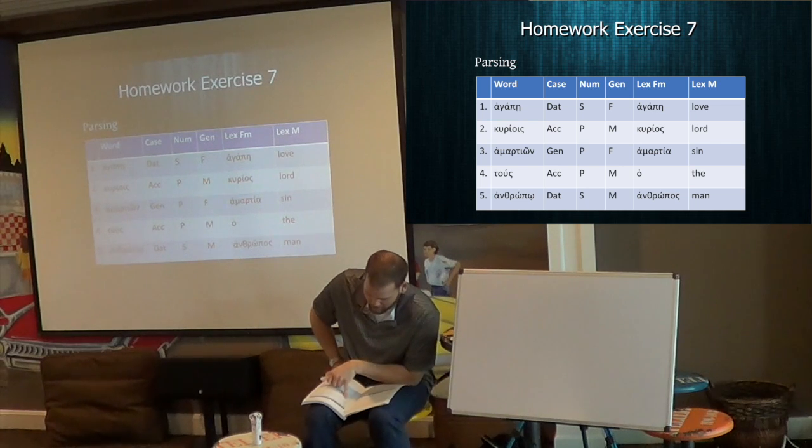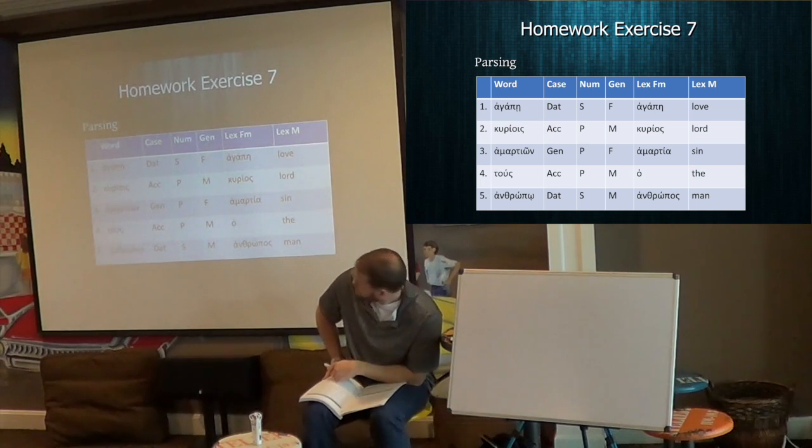Tus is an easy one. You got that one? Yep. It's an accusative, plural, masculine, and then the lexical form I put O because we learned all of the omicron, and then because we learned all of the ways of saying the as that. Exactly. Nice.